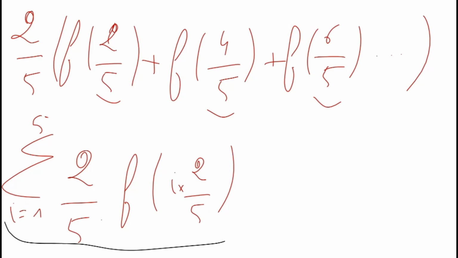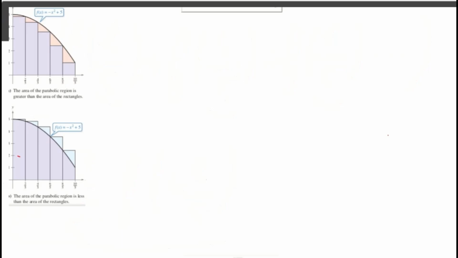Now let's move on to the second approximation and try to find the area as well. So now for the second part, we'll try to once again find the area that is covered by these rectangles here. So what we need to do is again to find the width and the height of these rectangles.